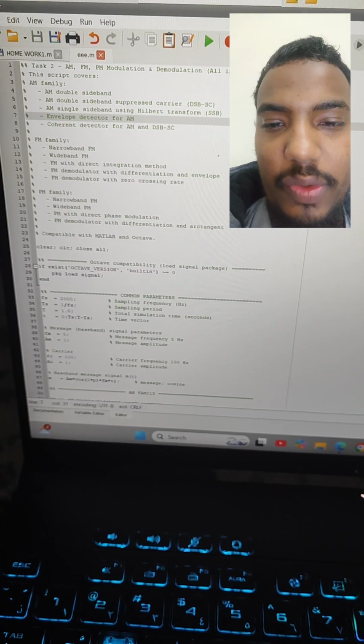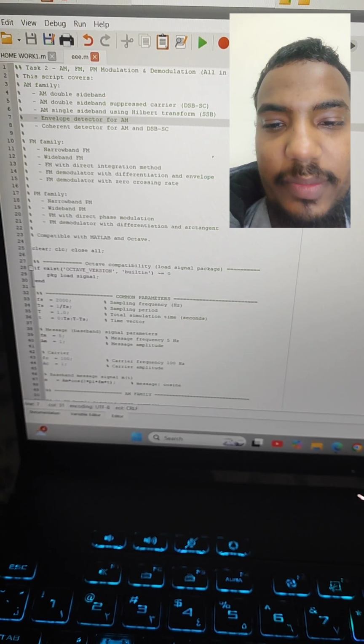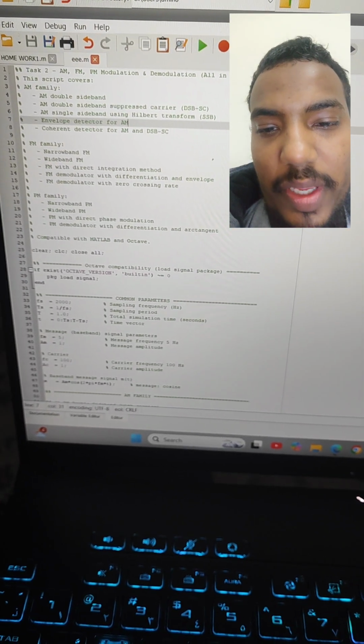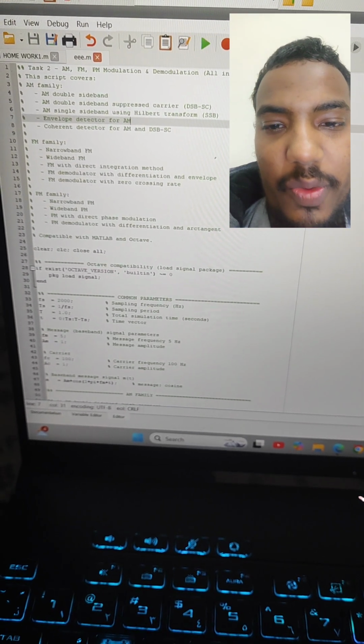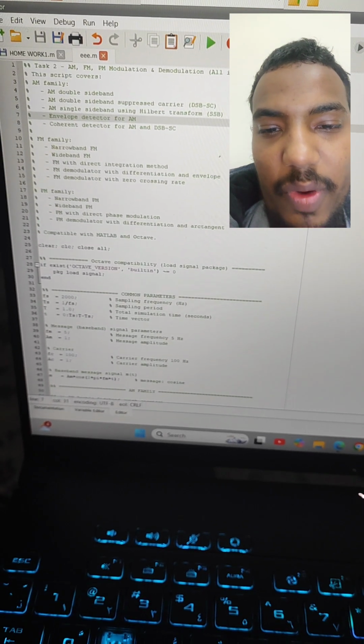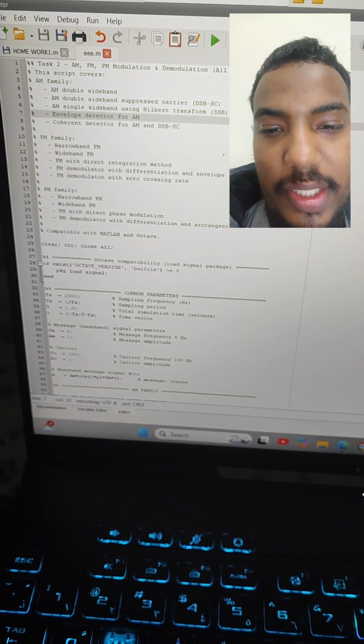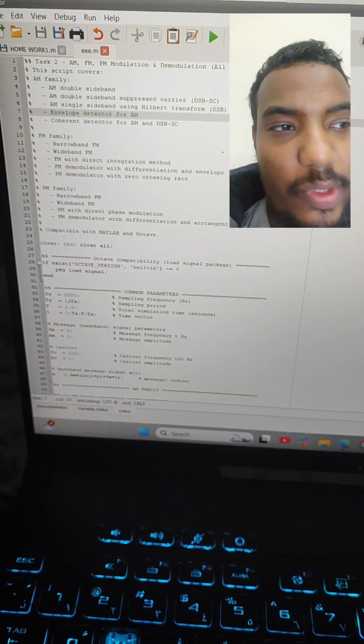Carrier equals cosine 2 pi fc t, the carrier signal with a frequency fc. s_AM equals Ac times (1 plus mu m) times carrier, the standard AM signal. The term 1 plus mu m is the modulating term, which is the amplitude multiplied with the carrier.